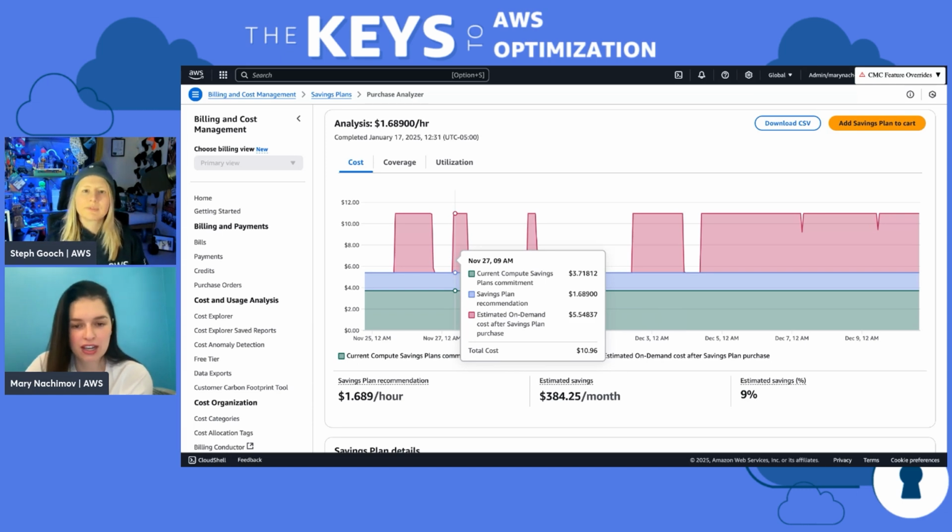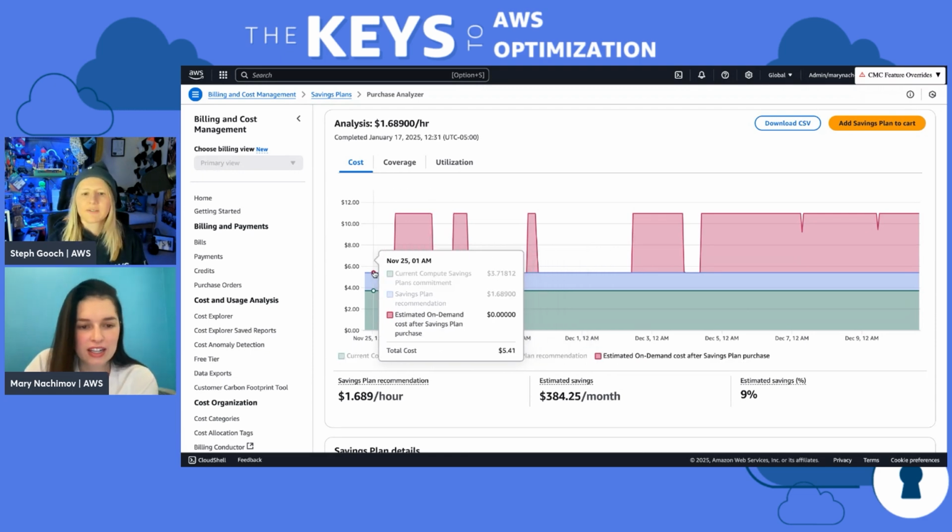It's a flat line because for every hour I have 3.7. Then I have the recommendation, which is 1.7 for every hour. And then every hour I see the leftover on demand, which we're not recommending to cover right now because there's just not enough steady on demand to make a bigger purchase.